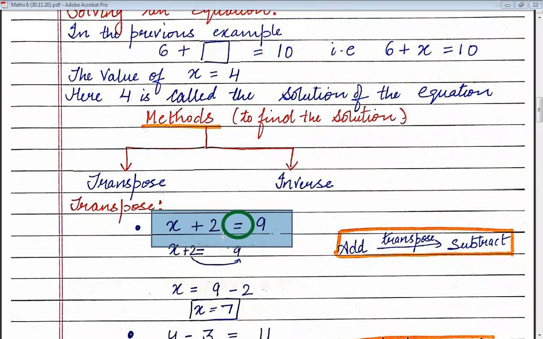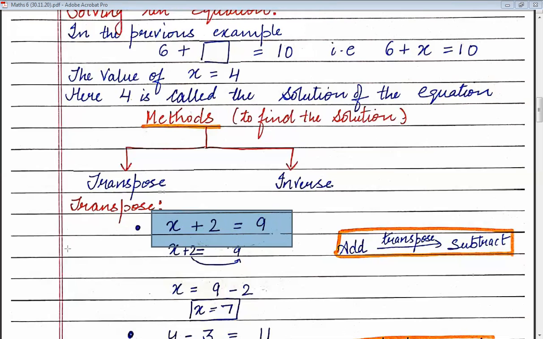Because you have an equal to sign. You have left hand side as x plus 2 and right hand side 9. Moreover, you have a variable x and a constant. So this is called an equation because of equality.